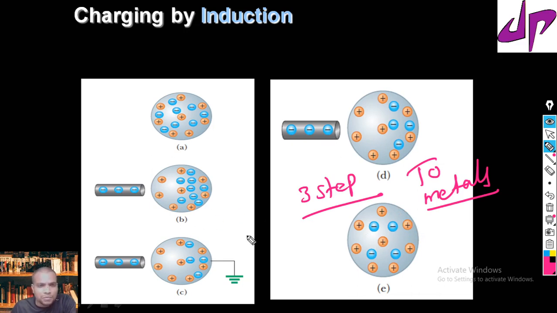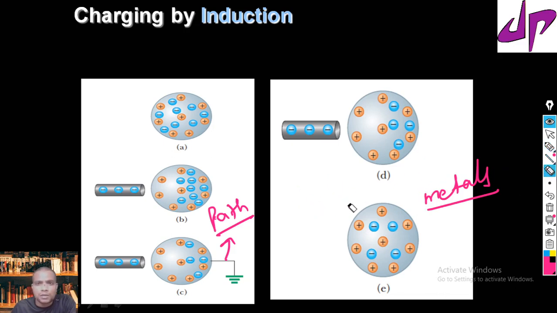In each step we need to take out the extra charges via a conducting path or the ground, which is the leftover charge that would be present on the charged objects. So this is the other method, charging by induction.